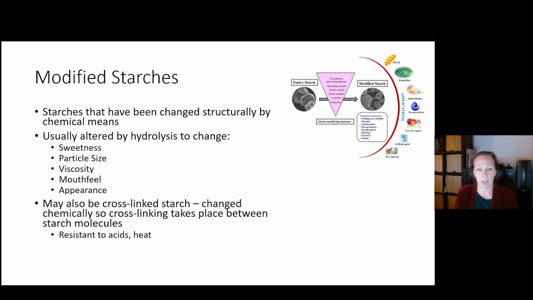So you can add the acids, you can heat to a higher temperature or heat longer, and it does not adversely affect the food product.